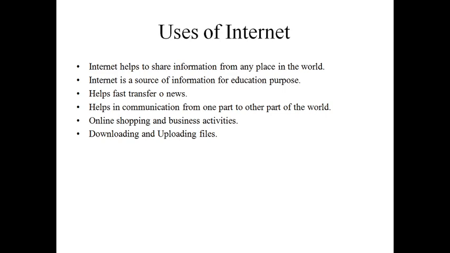And internet helps in communication from one part of the world to the other part. Then by sitting in our home itself, we can do shopping and we can transfer money, we can perform any business activity. Then with the help of internet, downloading and uploading of files is easier.